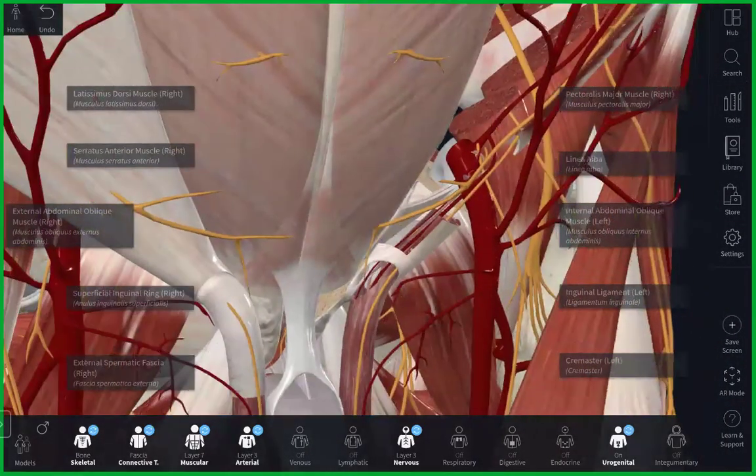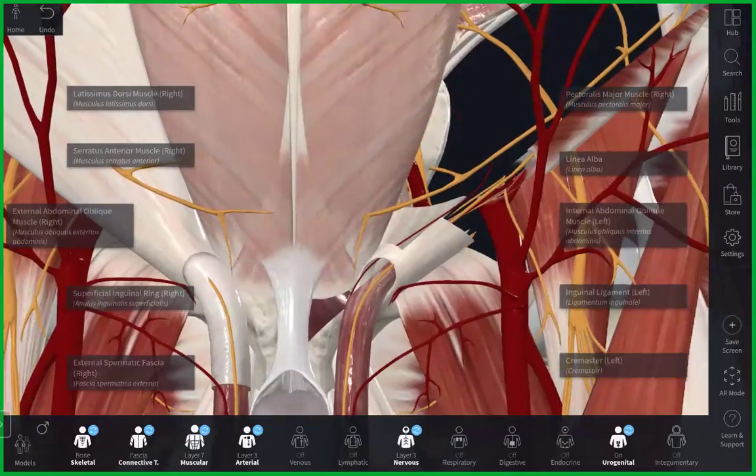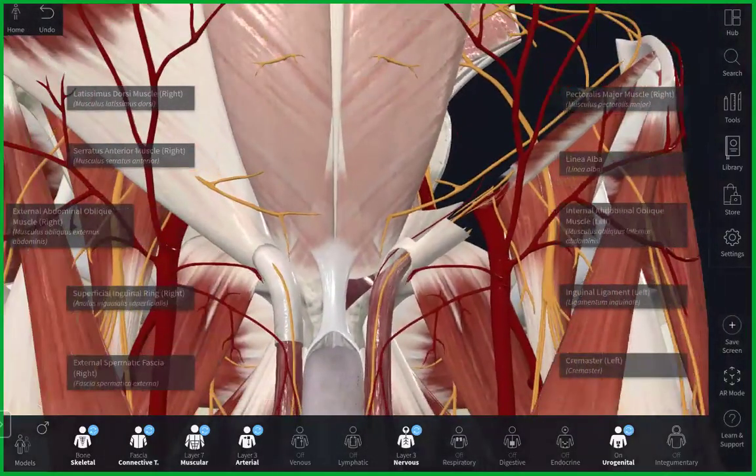So the first layer we have to cut is external oblique aponeurosis. Sometimes they ask you directly about the roof, and sometimes they ask you directly about the posterior structure.